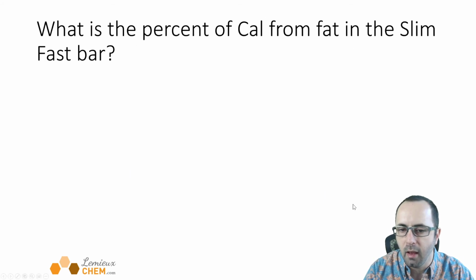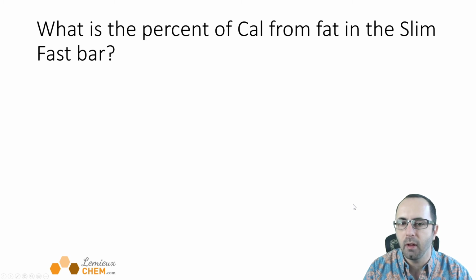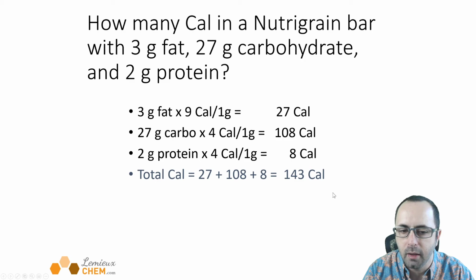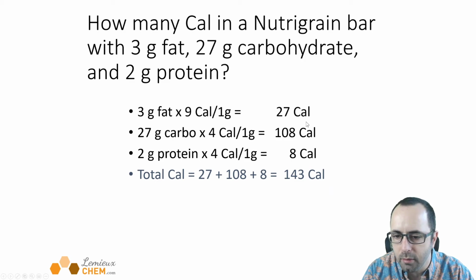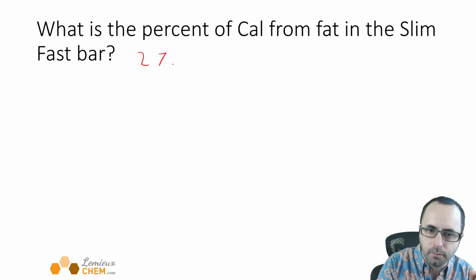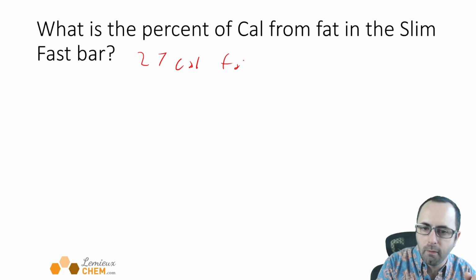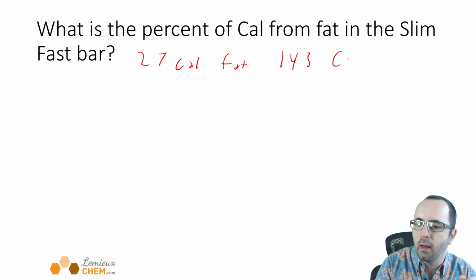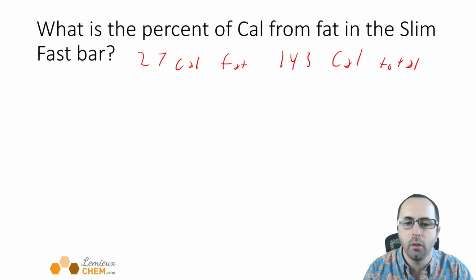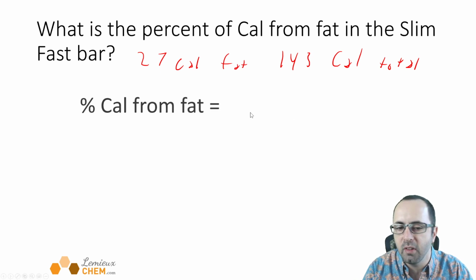And now let's say I ask you, what is the percent of calories from fat in the Slim Fast bar? Okay, let's go back. We had 27 calories from fat, 143 calories total. Remember, percent means the part over the whole. So the part, and then times 100% to make it a percent.